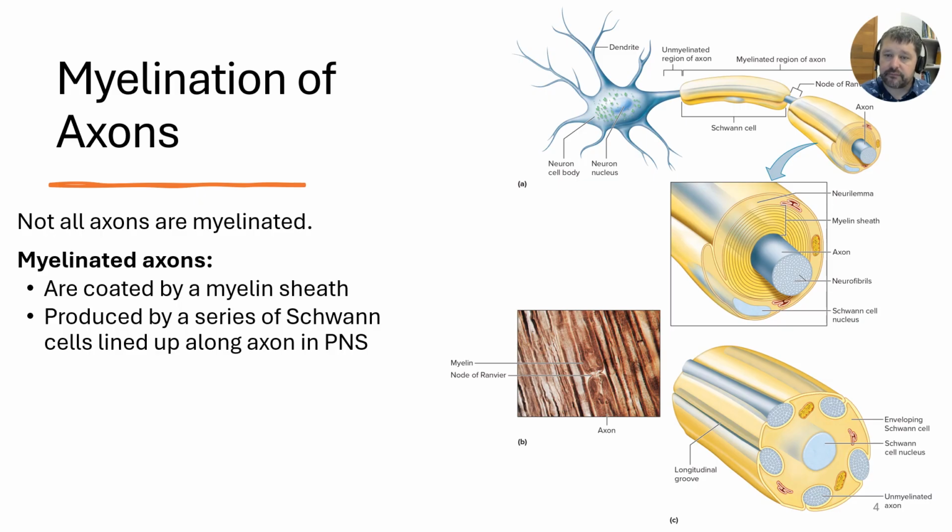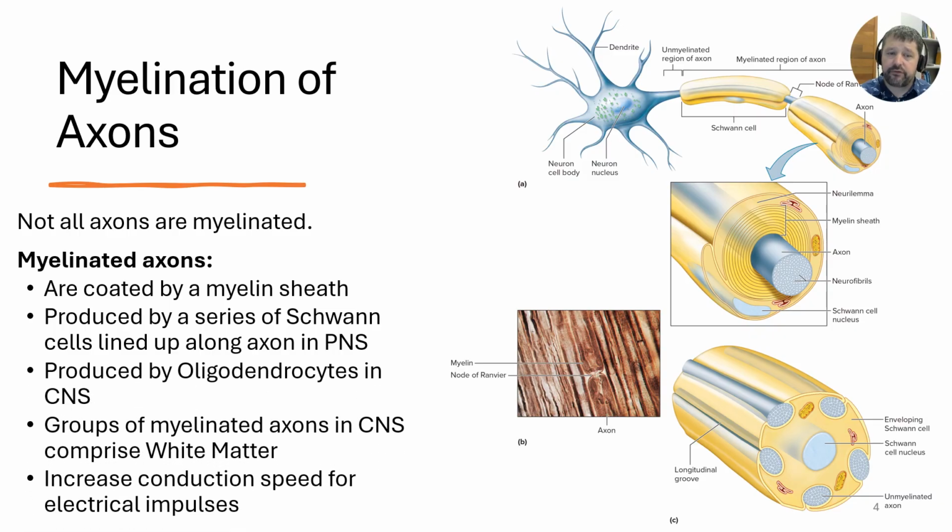The nice thing is that it allows the electrical impulse to move faster. It might not allow things to enter, but for things that are already in the system, it allows them to move faster in that region. So having myelinated sheaths on your axons means your electrical impulse can move faster.